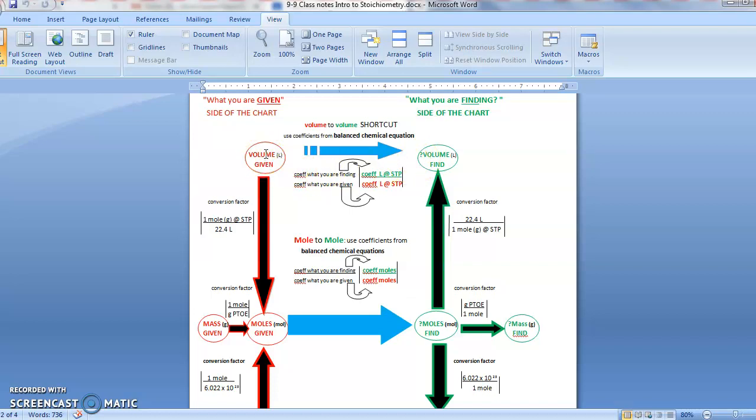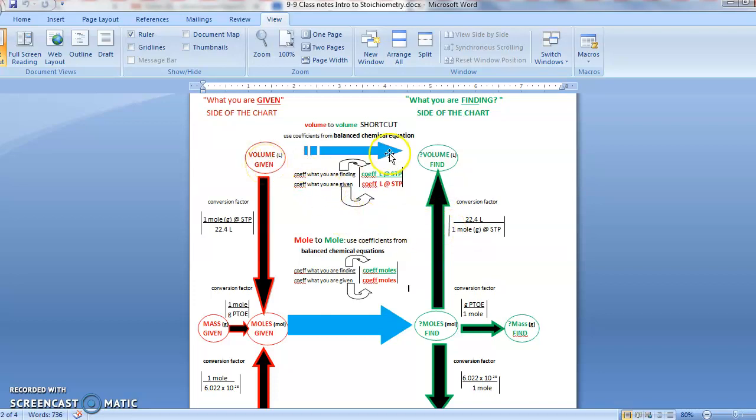Well, we could go this route. 1 mole over 22.4 would get us to moles. Then we know that it's 1 mole of oxygen for every 2 moles of hydrogen gas. That would go right here. Then we would blast up this line, and it's 22.4 liters of oxygen for every 1 mole. But take a look.